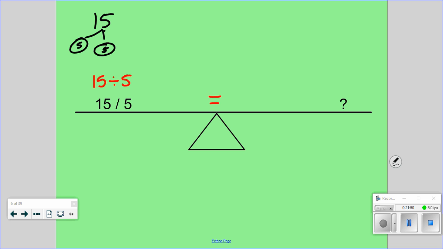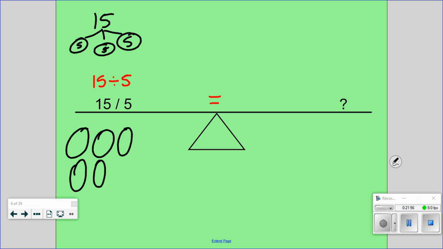That is one way. You could also make your 5 groups and deal out until you got rid of all 15. 1, 2, 3, 4, 5, 6, 7, 8, 9, 10, 11, 12, 13, 14, 15.